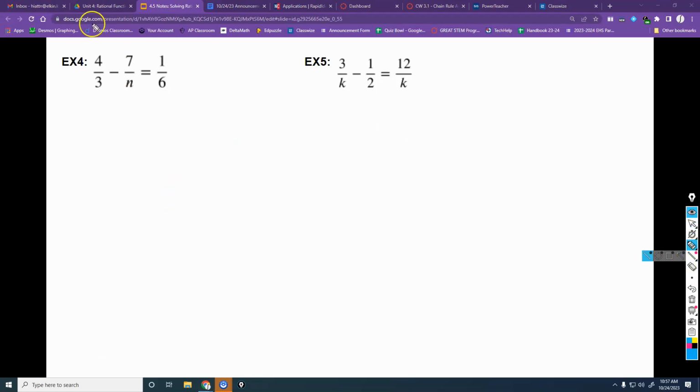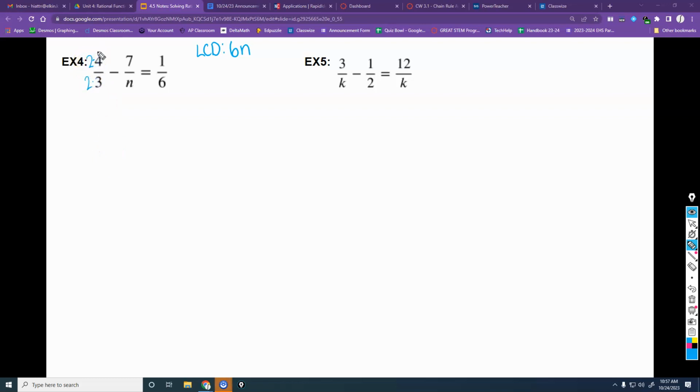All right. I got this one. I've got a 3, an N, and a 6. What do I want to use as my least common denominator? 6N. Okay? So, my first fraction has a 3. What do I need to multiply it by? A 2.